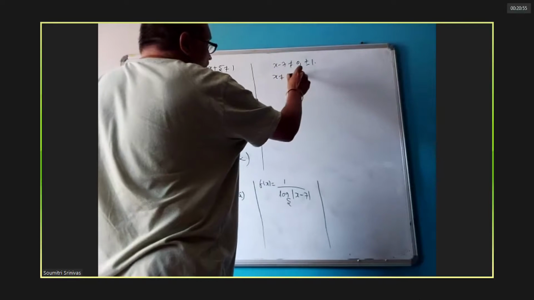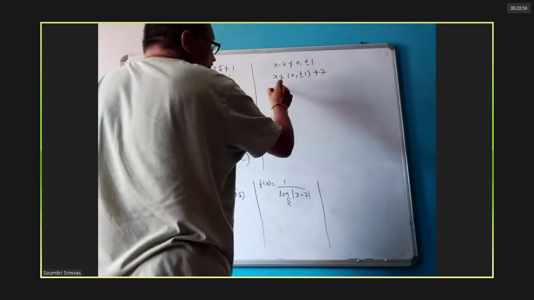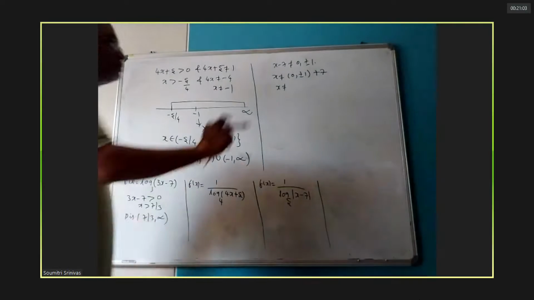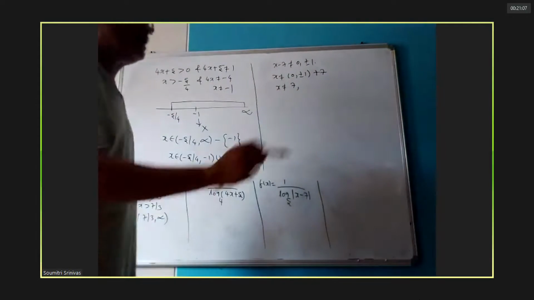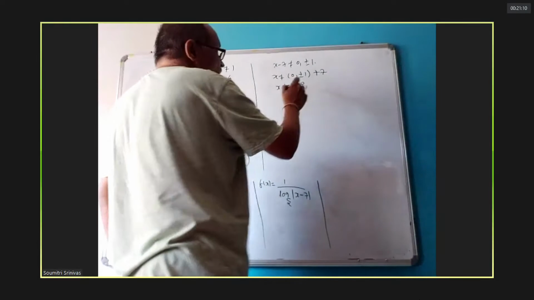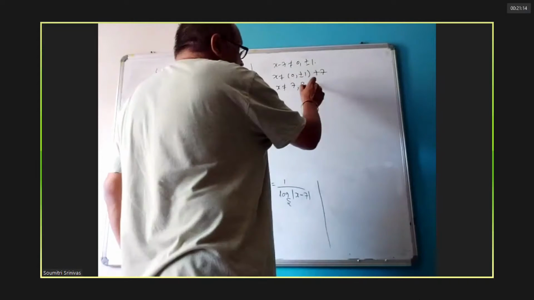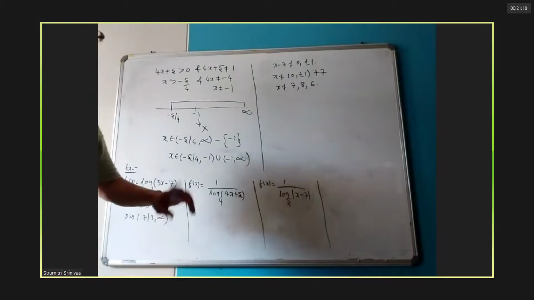0, plus or minus 1 को क्या ऐड करना? 7 ऐड करना. X must not be equal to 0 को 7 ऐड करो 7, 1 को 7 ऐड करो 8, minus 1 को 7 ऐड करो कितना आएगा? 6. X not equal to 6, 7, 8.